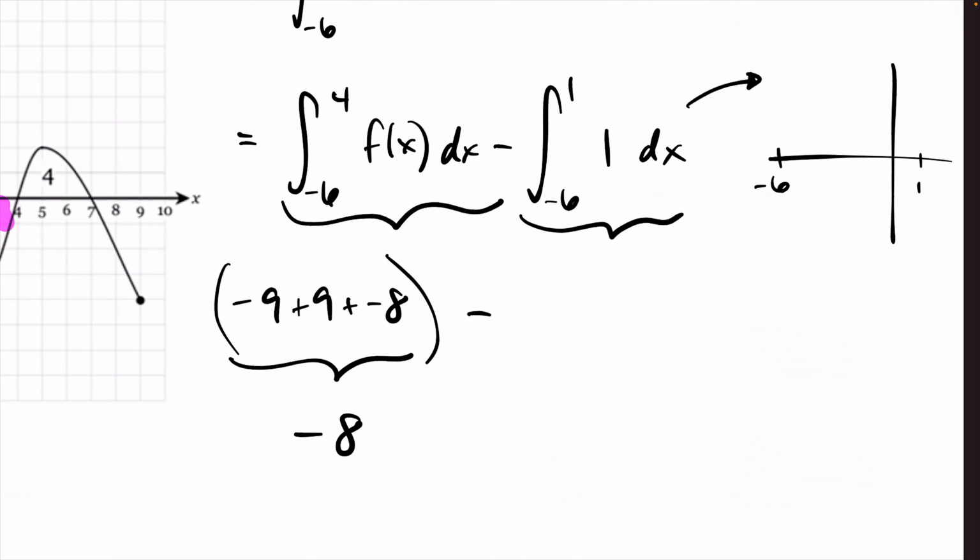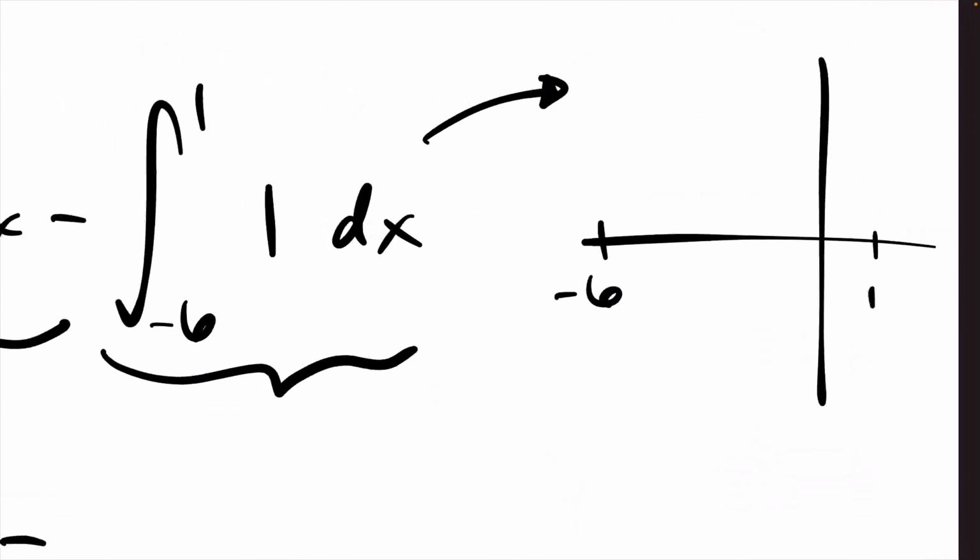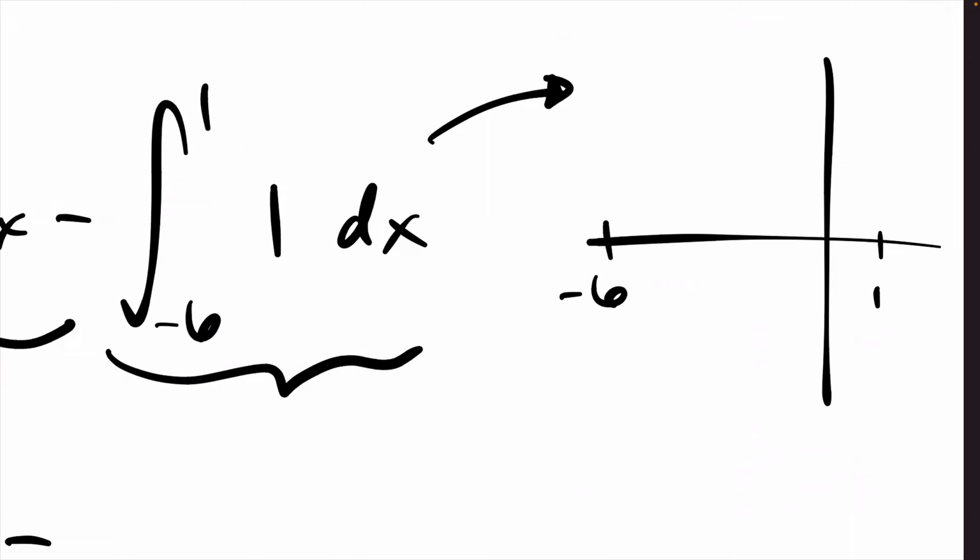What's the function? The function tells me the height, right? How tall is it going to be? How tall is the function? 1, right? Just 1 unit, right? It's constant, 1 unit. So it begins and ends at 1.